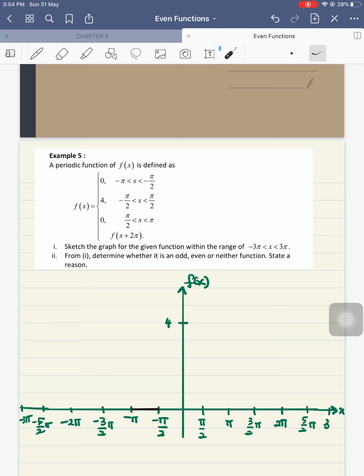Okay, so for this one here, between negative pi over 2 until pi over 2, your f(x) is equal to 4. So you know that.